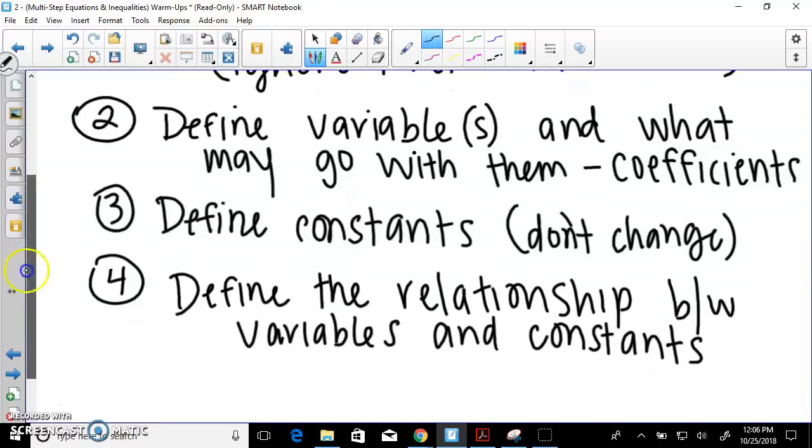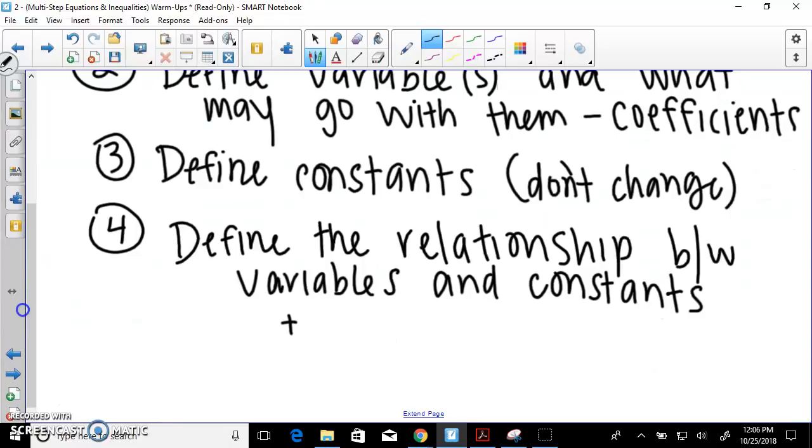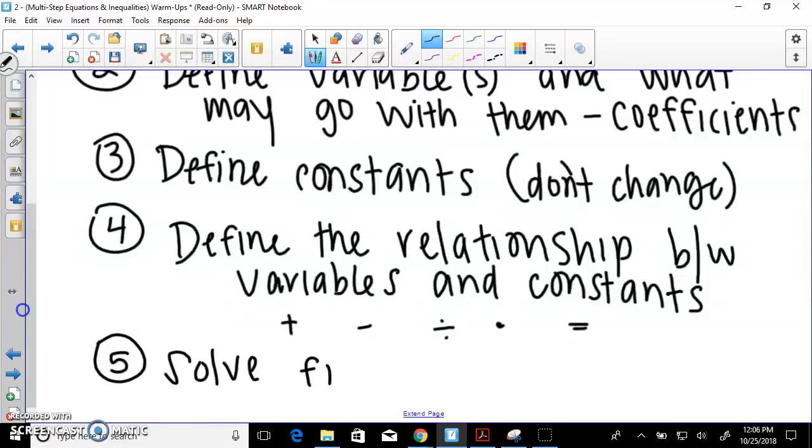What I mean by that is, are we adding things, subtracting, dividing, multiplying, or are we setting things equal to each other? We're defining that relationship and creating an equation. Once we create that equation, then we can actually solve for whatever the question's asking for.